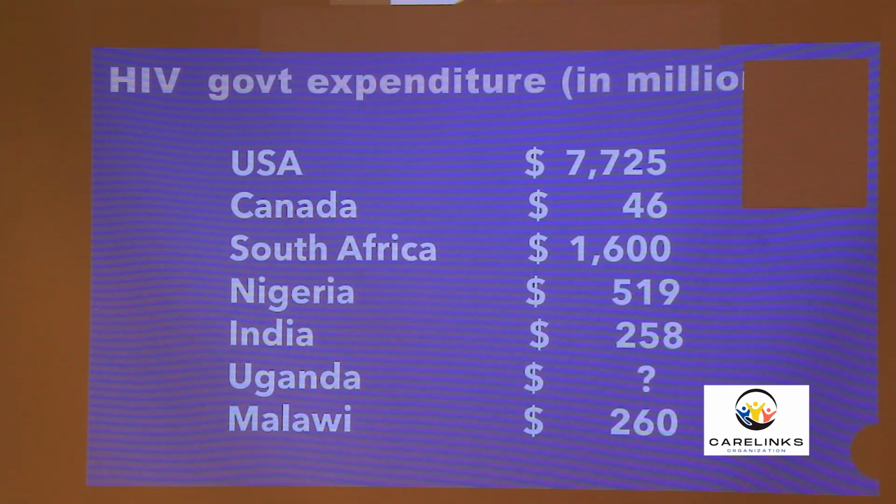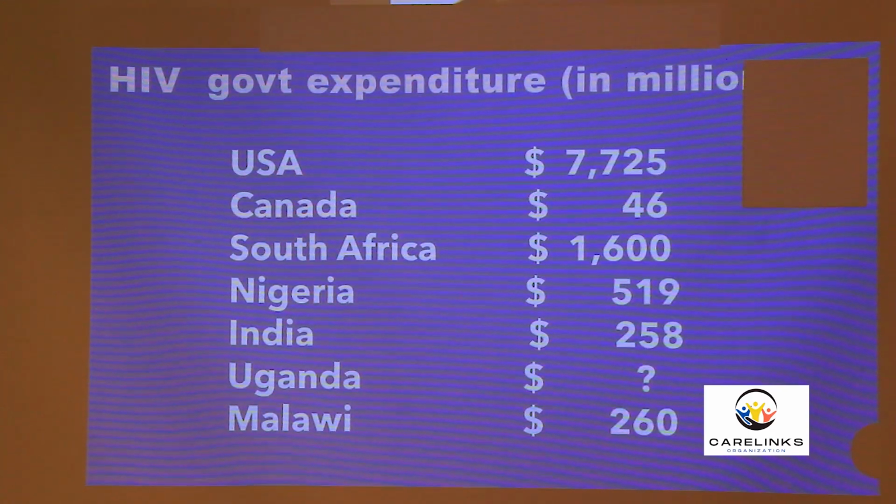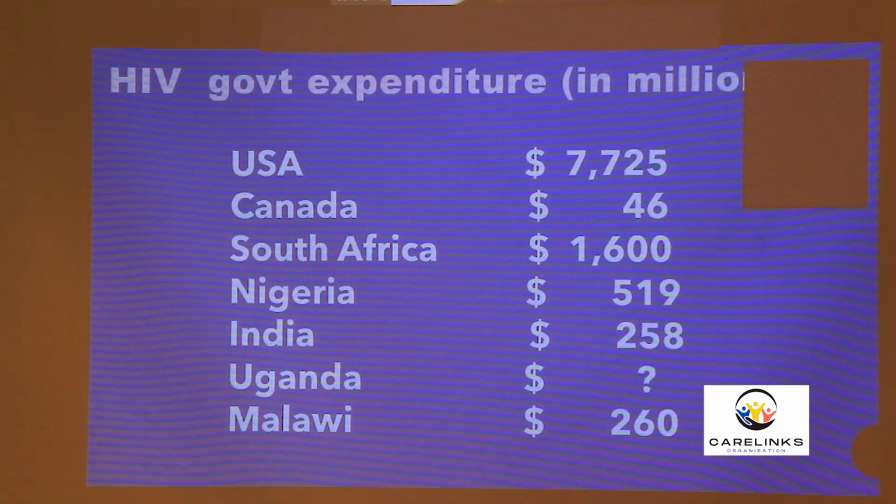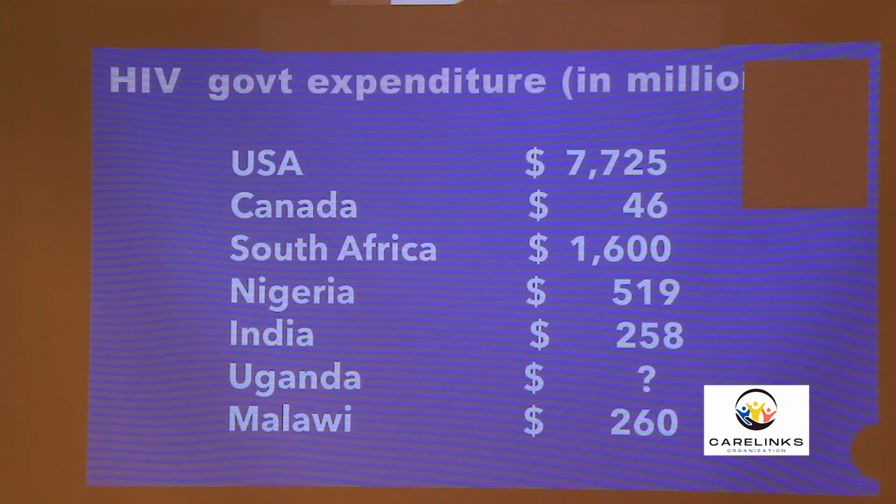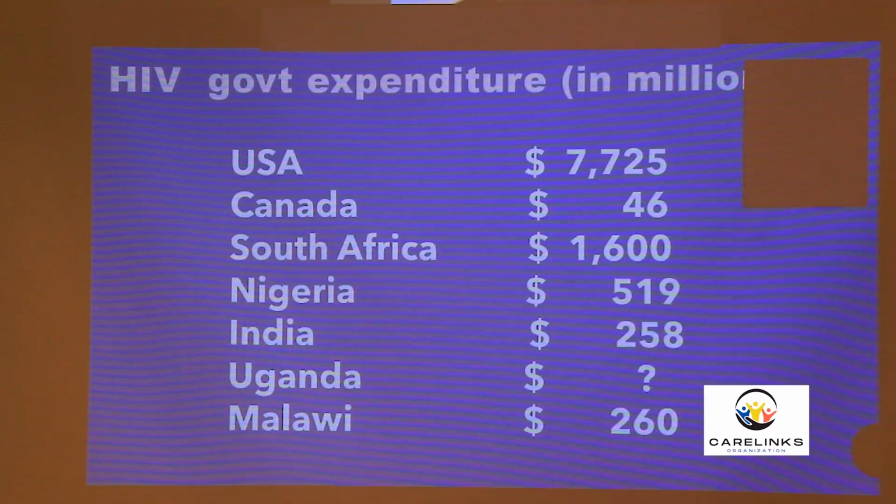And again, it's a middle-income country, so perhaps that's appropriate. Nigeria, which is certainly with its oil wealth a little bit wealthier than some of the sub-Saharan African countries, is spending $519 million on HIV programs at the last check. Don't have the data for Uganda, Malawi about 260.